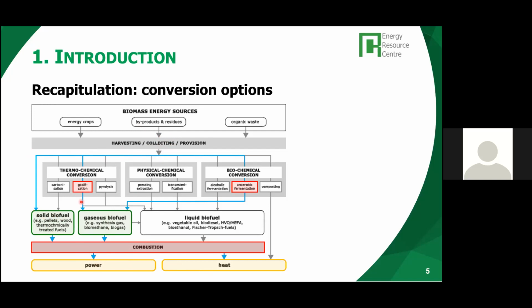There's a gasification route, producing producer gas, which can be used in an internal combustion engine for the production of power and heat, and biogas production through anaerobic fermentation of wet biomass, resulting in the production of methane, so the methane component in biogas, which can also be used as a generator fuel for production of electricity and heat.